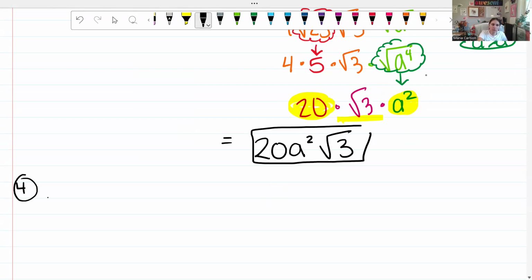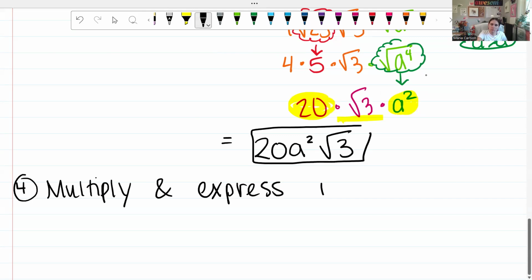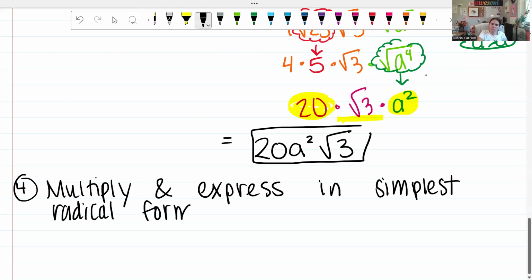Number 4, multiply and express in simplest radical form. So we're going to multiply the square root of 2 times 7 minus the square root of 2.